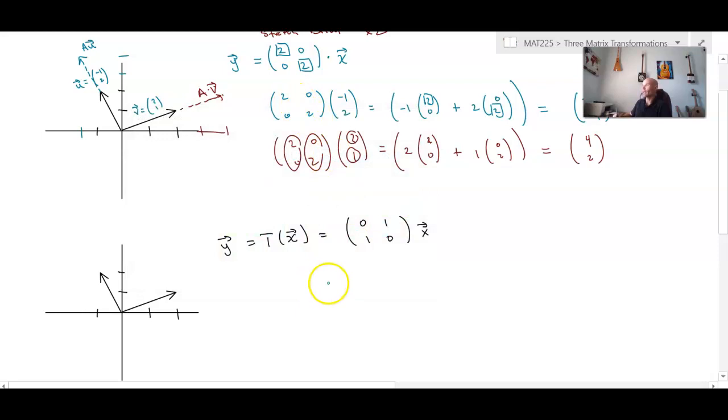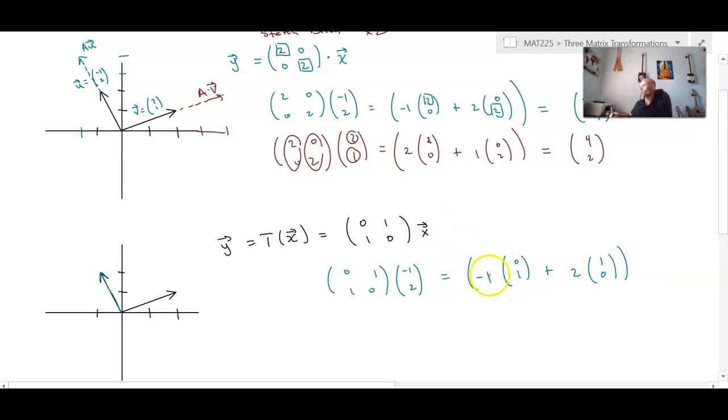So let's take 0, 1, 1, 0, multiply it by our u vector, negative 1, 2. Let's see what happens to it. So this becomes negative 1 times 0, 1 plus 2 times 1, 0. And notice what happens here.